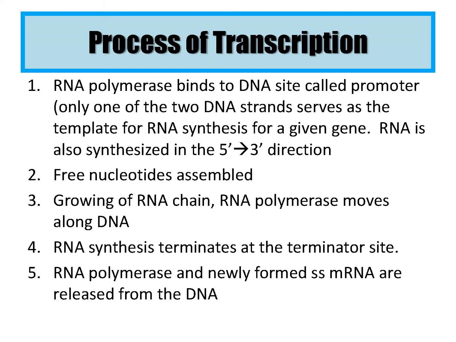Then free nucleotides will assemble, growing the RNA chain, where RNA polymerase will move along the DNA to synthesize the RNA. Then the RNA synthesis terminates at the terminator site, and the RNA polymerase and the newly formed single-stranded mRNA are released from the DNA.